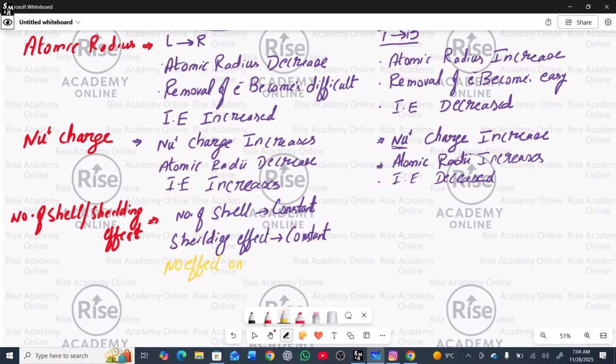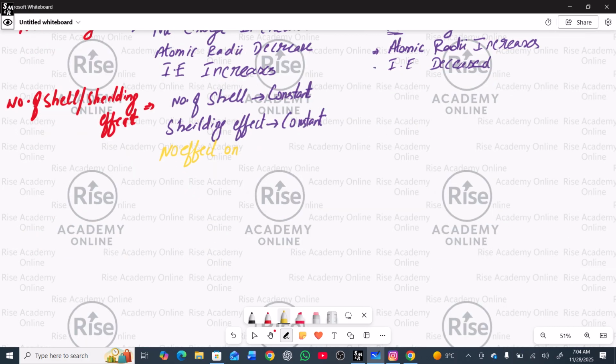No effect on ionization energy, but only in the direction of moving from left to right.